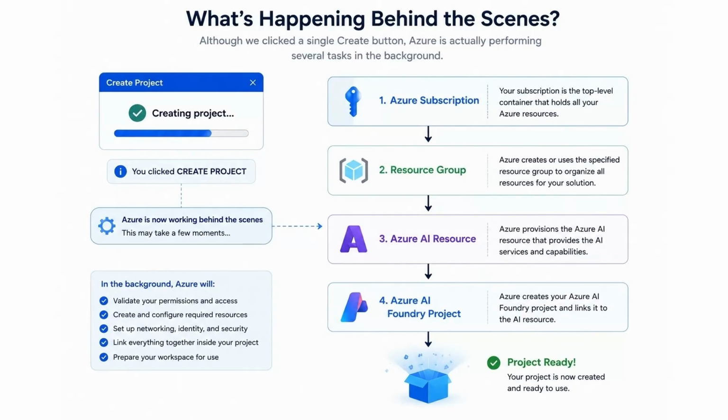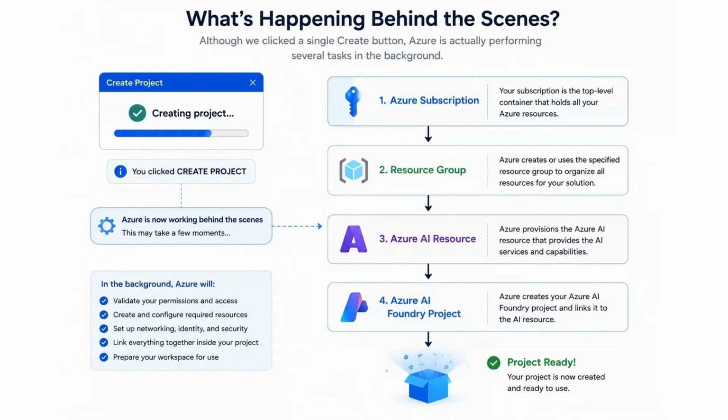Next is the Azure AI Foundry project. Azure AI Foundry is a Microsoft integrated platform for developing AI applications. Rather than manually configuring individual services, Foundry brings everything together into one workspace.